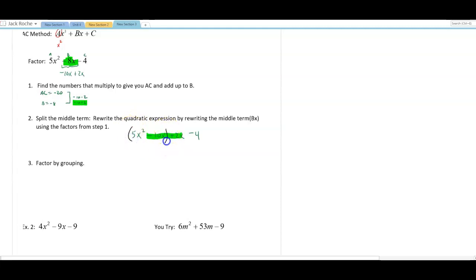So I'm going to group the first two terms. I'm going to group the last two terms. What is my GCF in the first two terms? GCF is 5x. If I divide these by 5x, I end up with 5x squared divided by 5x is x, and then negative 10x divided by 5x is negative 2.